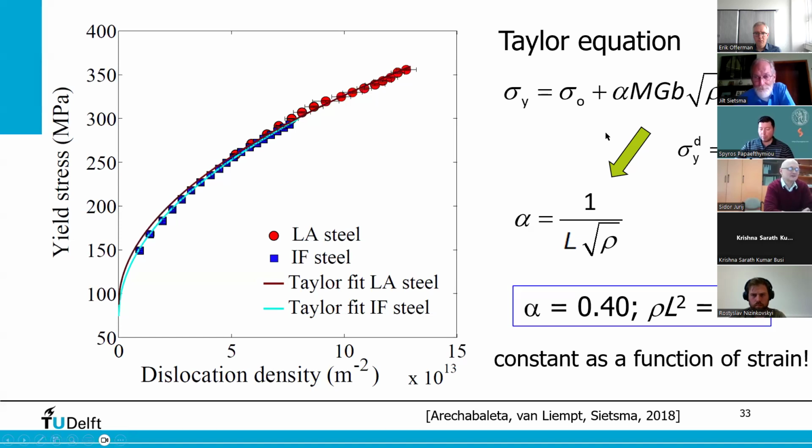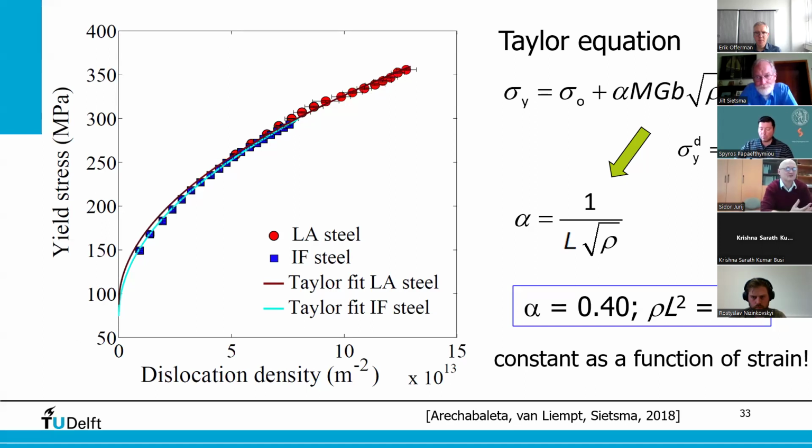But alpha itself, as we have seen in our simulations, depends on the dislocation density, and it's logical because the theory behind alpha is related to the dislocation structure, and with increasing strain you produce more dislocations.